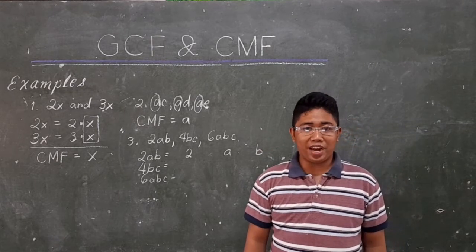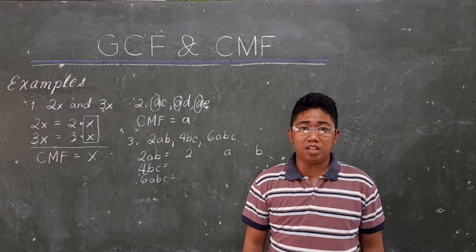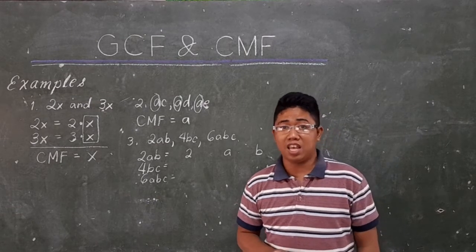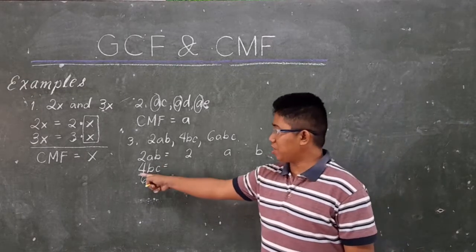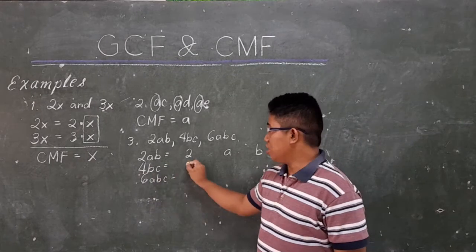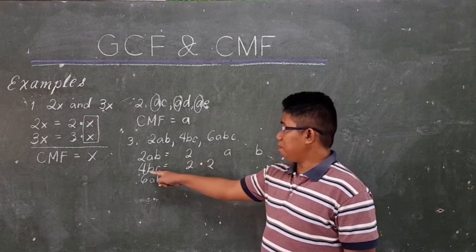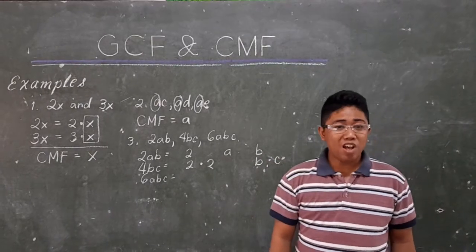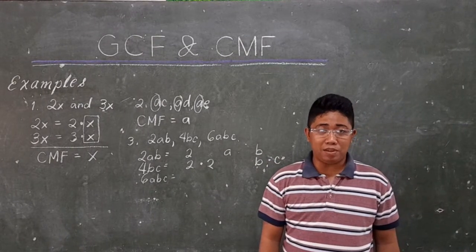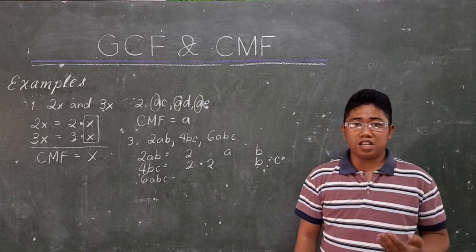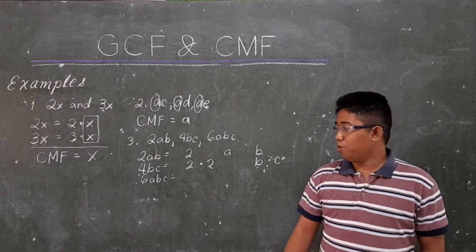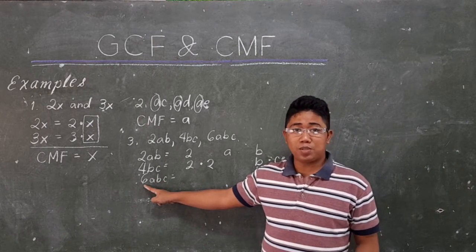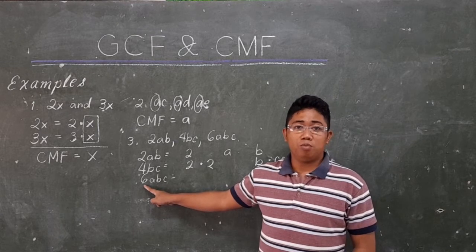Next, how about 4BC? Since 4 is a numerical coefficient and it is not a prime number, we are going to express it in prime factorization, which is 2 times 2, times B times C. How about the third monomial, 6ABC? 6, the numerical coefficient, is obviously not a prime number, so we express it in prime factors, which are 2 and 3.